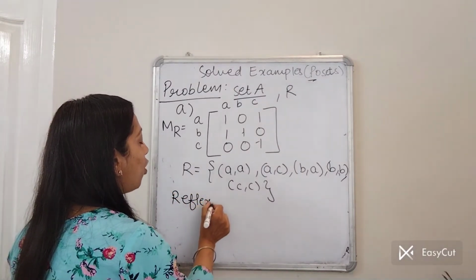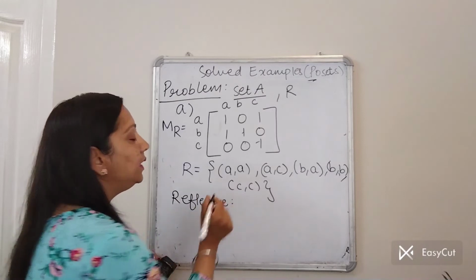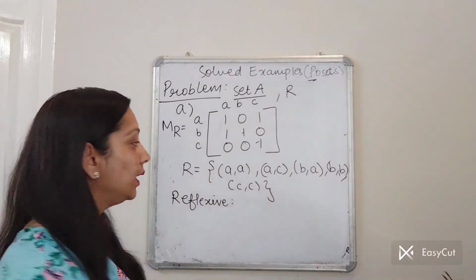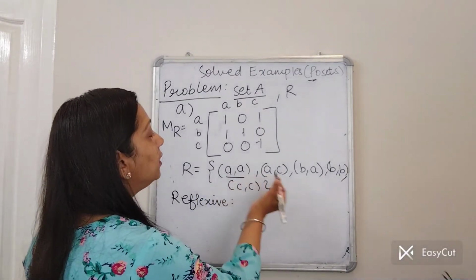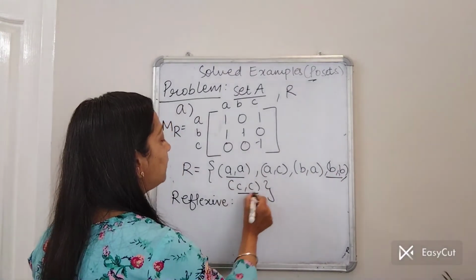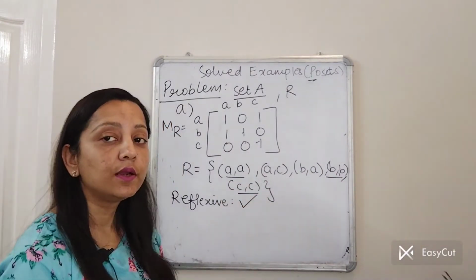To be reflexive, all the elements of this set must be in the form of ordered pair A comma A. So I have A comma A here, I have B comma B here, I have C comma C here. So yes, it is reflexive.